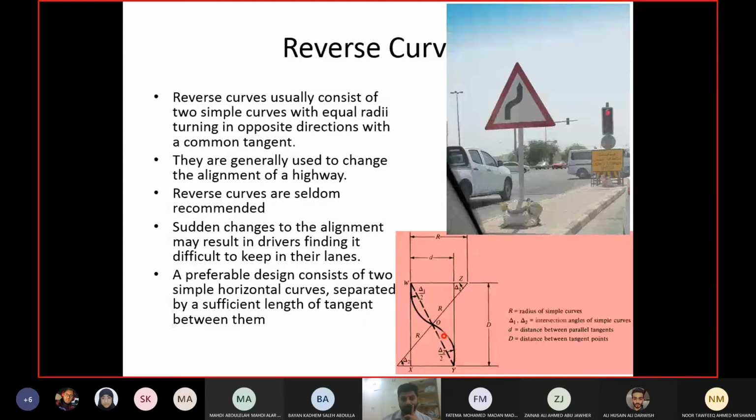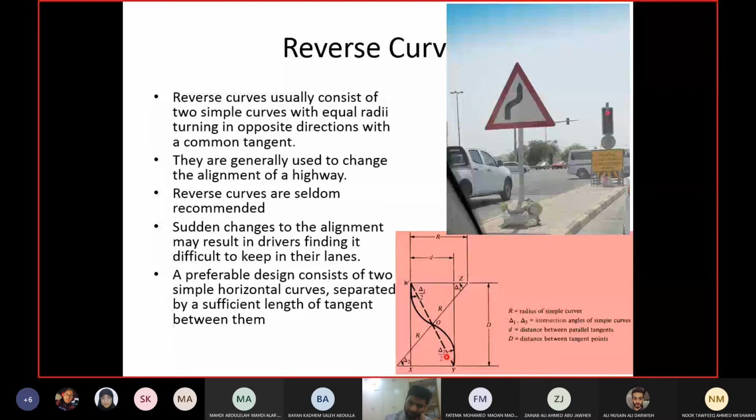Now in this picture you can see two distances, small d and capital D. Now we all know about R, right? R is the radius. And we all know about delta, the deflection angle or the angle of the curve. And we all know why this is delta by 2, because this is the angle between the tangent and the chord.